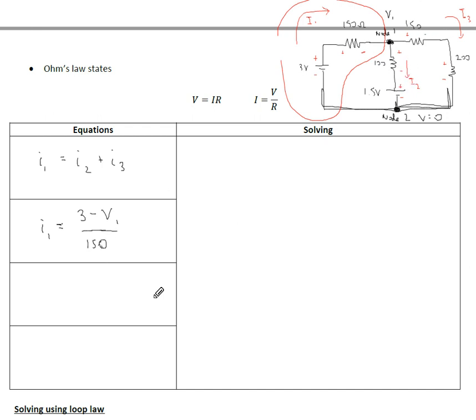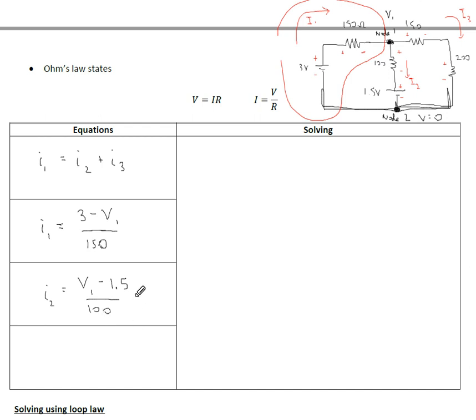For I2, we're looking at this middle path now. To find out how much current is traveling through the 100 ohm resistor, we start at V1, and then we lose voltage from the 1.5 volt battery, which is pushing against, divided by 100.